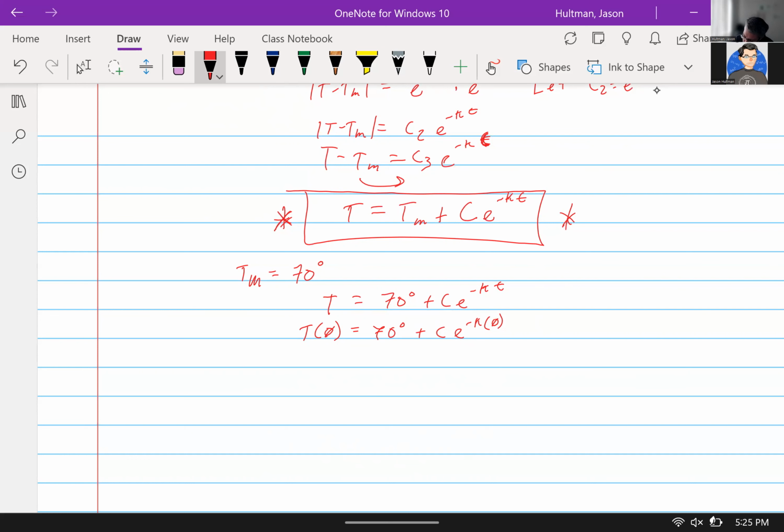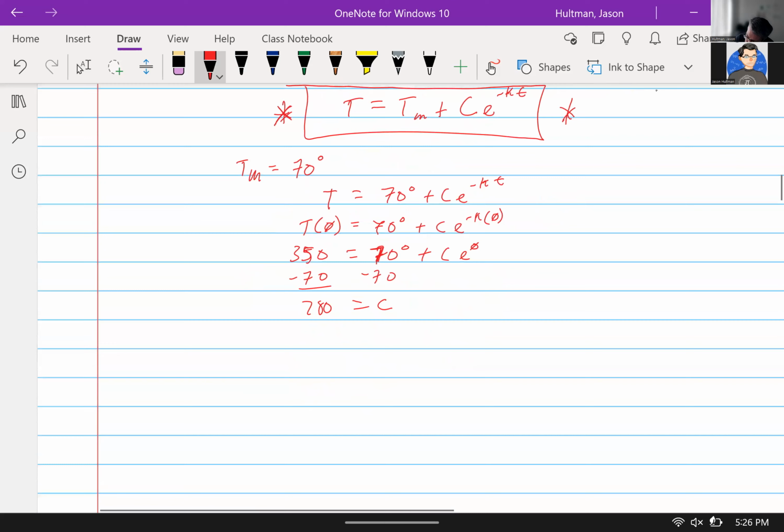So T naught was 350, and that equals 70 plus c e to the 0, which is 1. If I subtract off 70, I get 280 is equal to c. So that's nice.